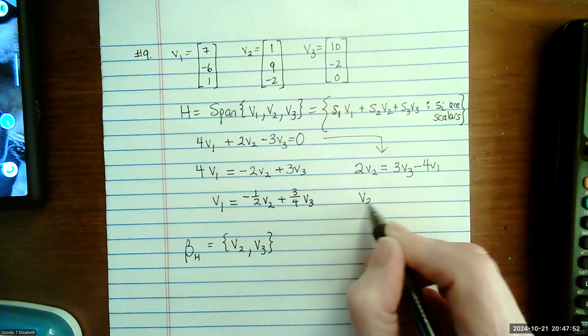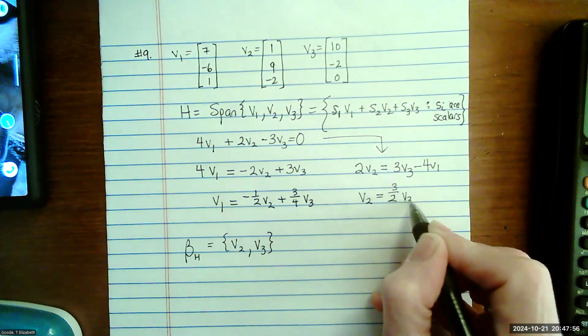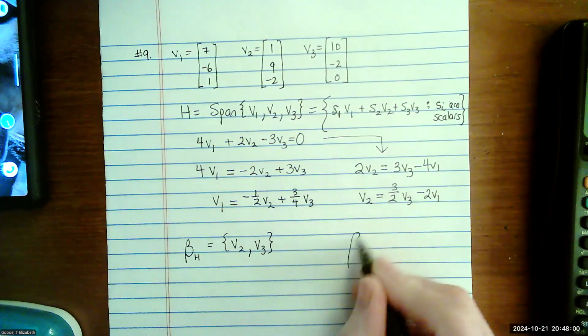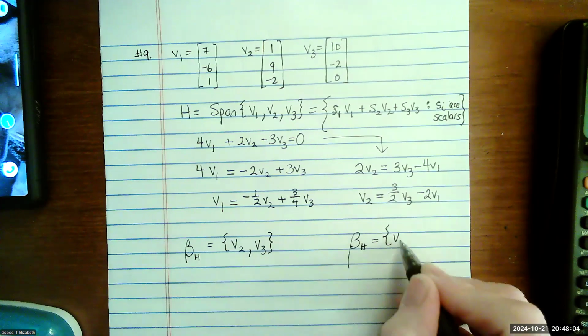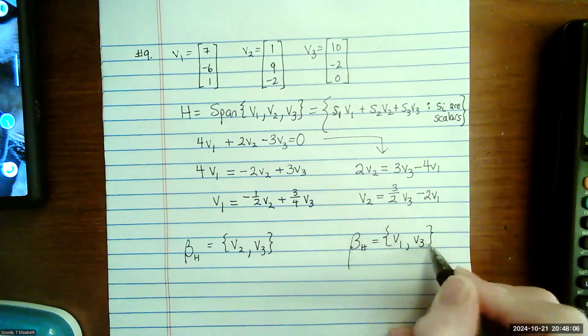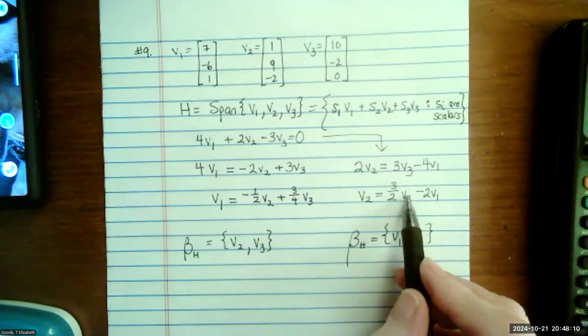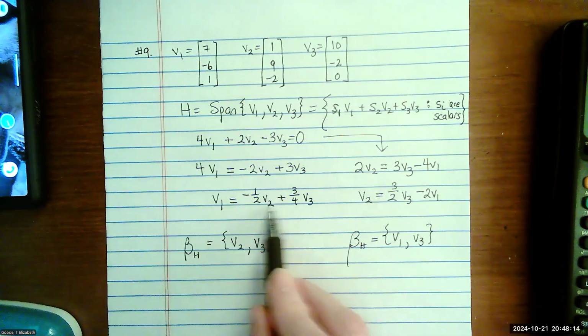In other words, v2 is a linear combination of v3 and v1. So another basis for H would be just to use v1 and v3. See what I mean?